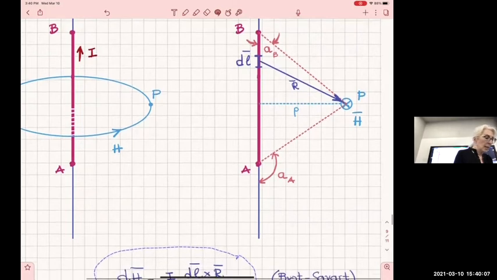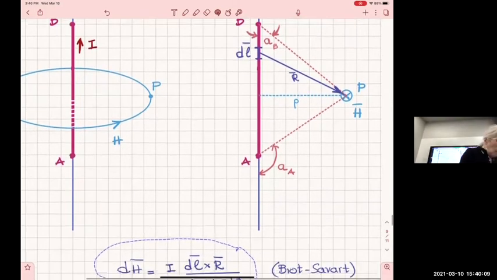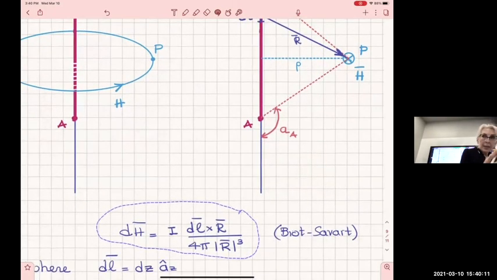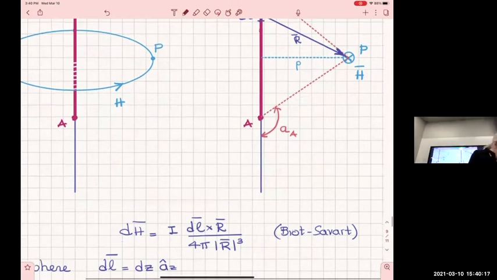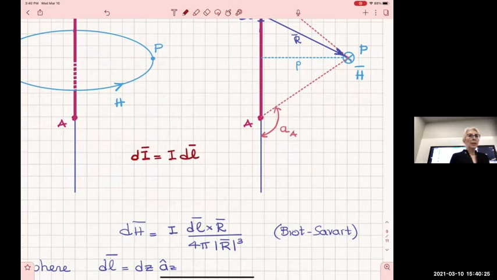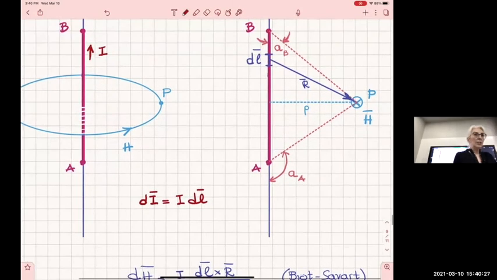So dl, practically, why do I have it here? There is a step that I ignored because we use it very often. The step that I did not include was that this is I dl. So the infinitesimally short current that is incorporated in this dl length has a direction.